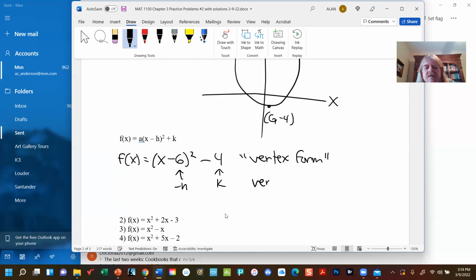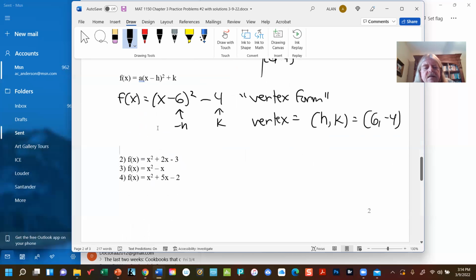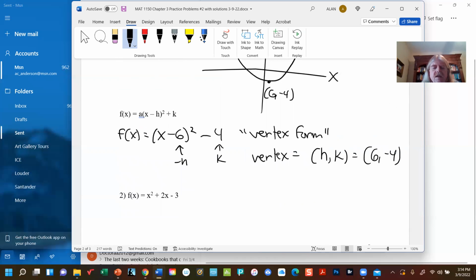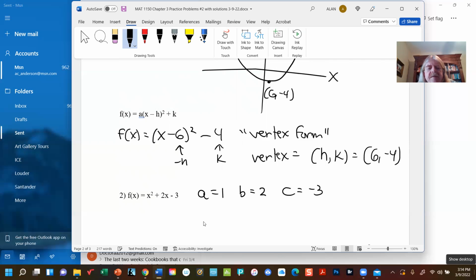And so the vertex is, let me write it like this, h comma k, which means 6 comma negative 4. All right, now they're all done in exactly the same way. So a is 1, b is 2, c is negative 3. Remember there's an implied 1 here. And so what we're looking for is h, which is negative b over 2a.